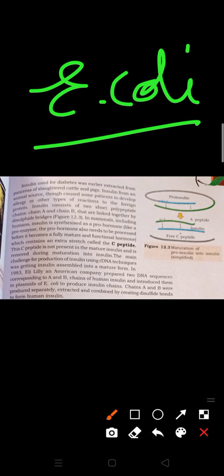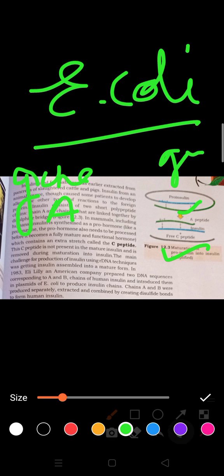But we are synthesizing artificial insulin with the help of E. coli, and E. coli is a prokaryotic cell. At that time the previous process can't happen. So another method is used for the synthesis of gene A and gene B. How are gene A and gene B synthesized separately in E. coli?